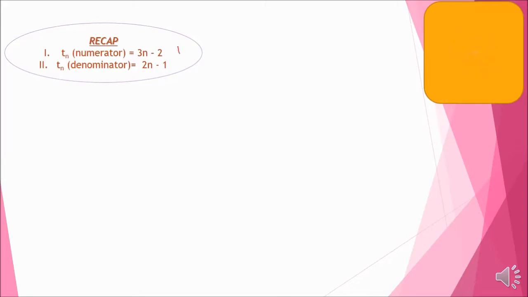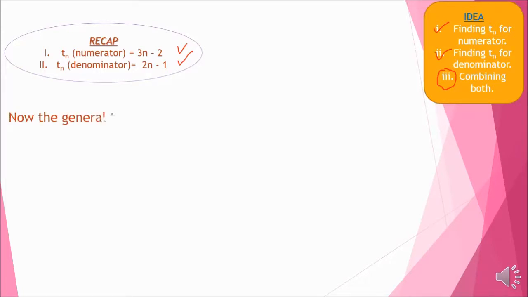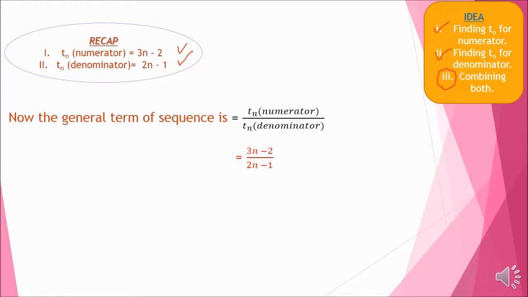We have done the first part, finding Tn for the numerator, and the second part, finding Tn for the denominator. Now it remains to combine both. So the general term for the entire sequence is equal to Tn numerator upon Tn denominator. Tn numerator is 3n minus 2 and 2n plus 1 is Tn for the denominator.